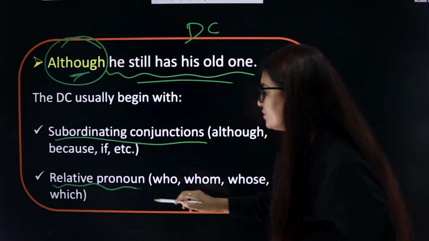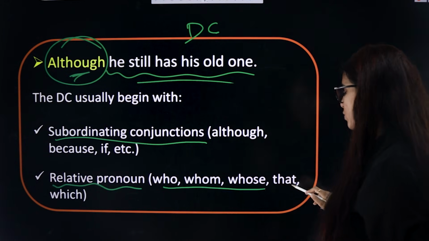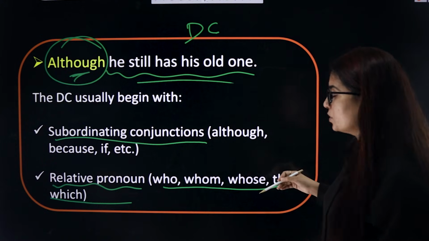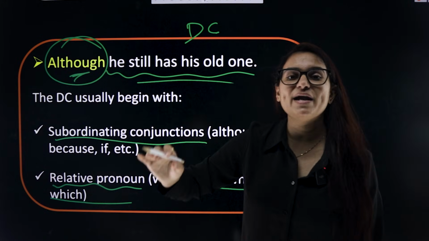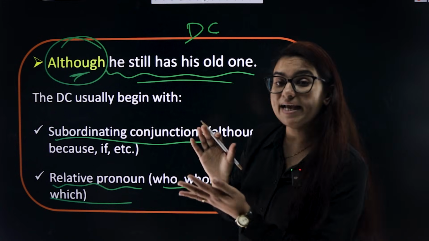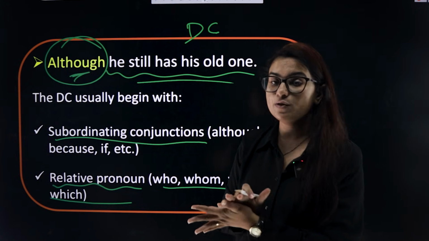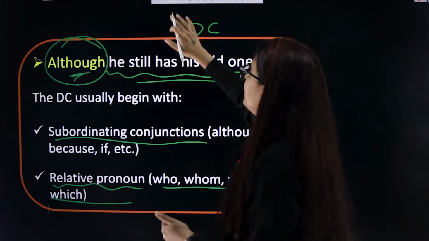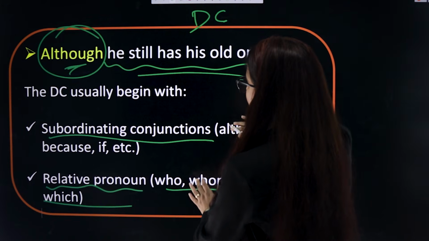It can also start with relative pronouns such as who, whom, whose, that, which. If you find a sentence starting with these words, you can call them dependent clauses. Please understand them. We'll have detailed exercises on this in the next video, where I'll be talking about types of sentences. Okay? Now let's move on to the next part of the video.